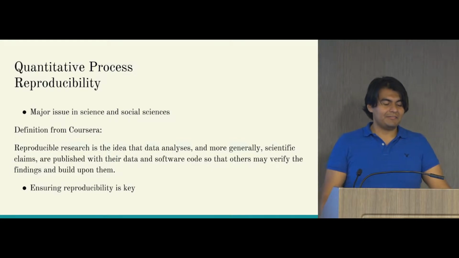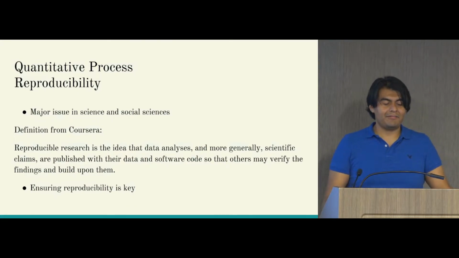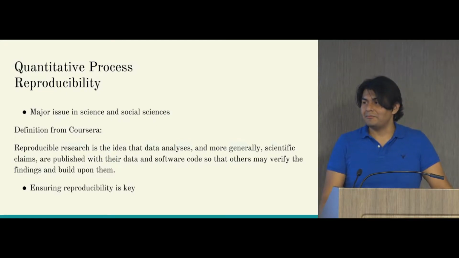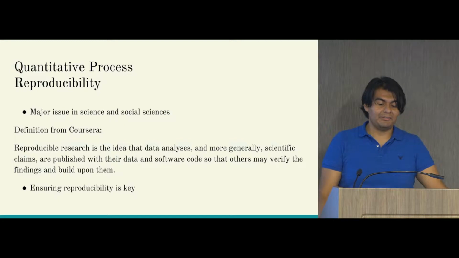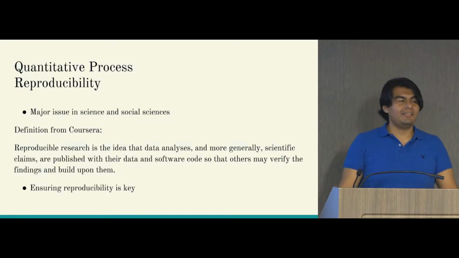It's the idea that data analyses and more generally scientific claims are published with their data and software code, so that others can verify the findings and build upon them. So this is what would make science grow: producing some results with some code attached to it so that others can check to see if you did dot your I's and cross your T's in the analysis.